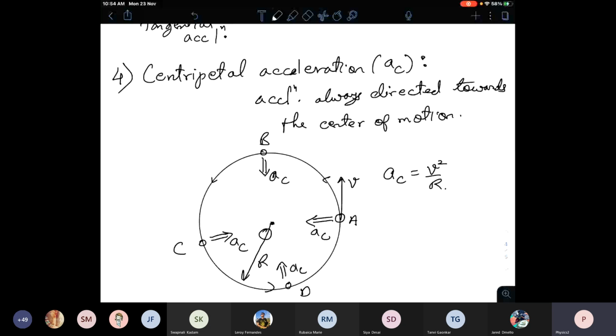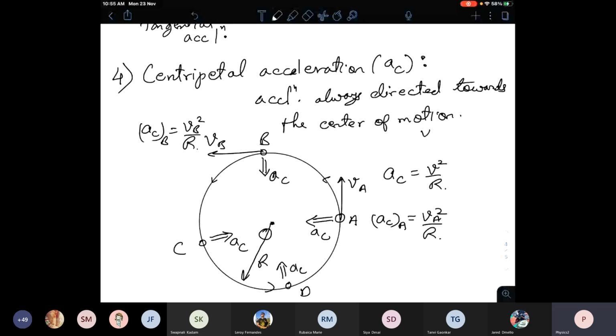If its velocity changes and at B point it is something else, suppose it is VB, here it was VA, then centripetal acceleration at A can be written as VA square by R. If the velocity at B changes to VB, it is possible that it is varying. Then the centripetal acceleration at point B can be written as VB square by R. So depending on the position, depending on the speed at that point, the formula will be v square by r.